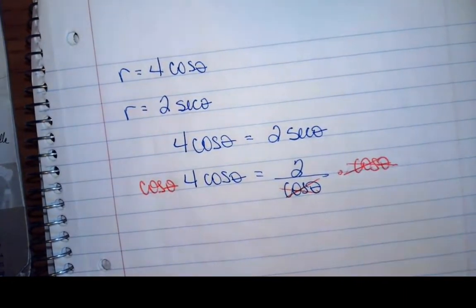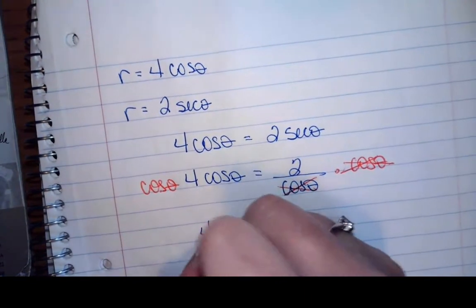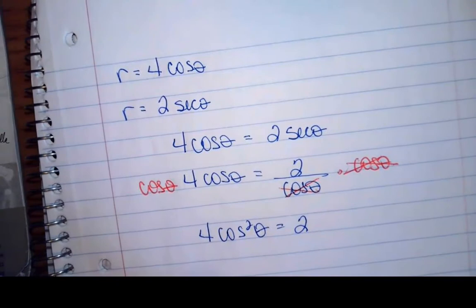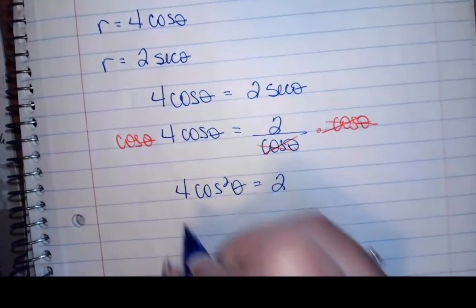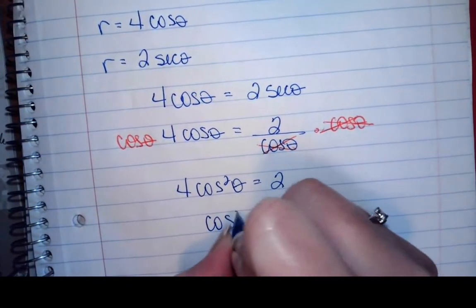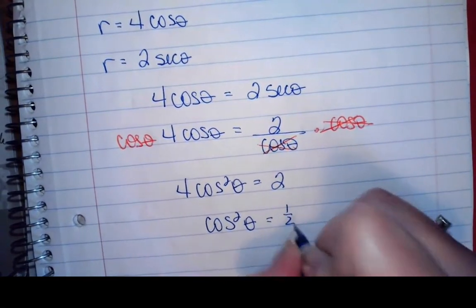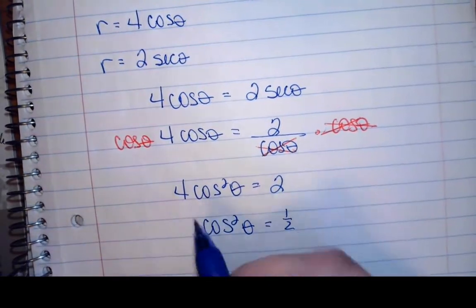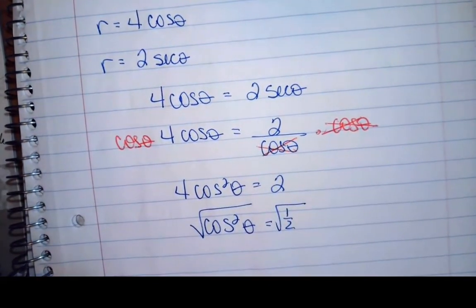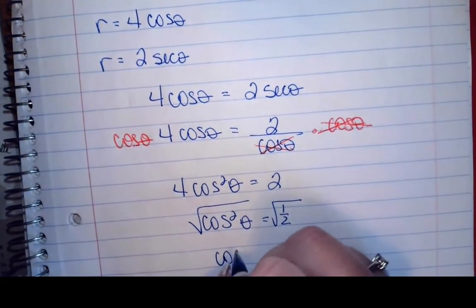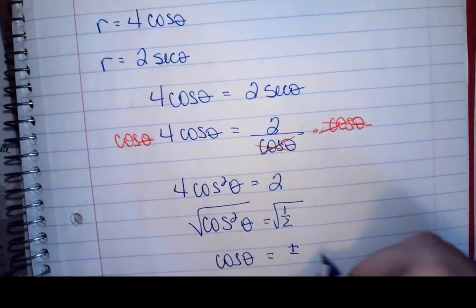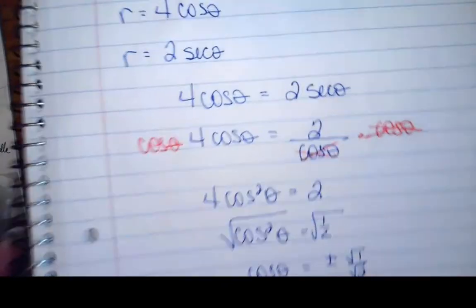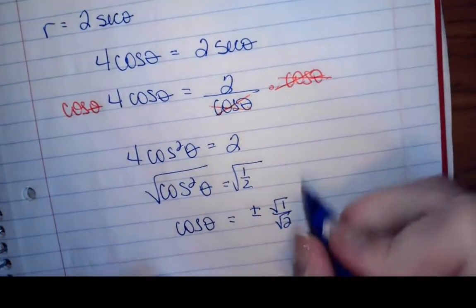It will reduce on the right, and on the left, I now have 4 cosine squared theta is 2. Divide both sides by 4. I get cosine squared theta is 1/2, because 2 over 4 reduces to 1/2. Then I'm going to take the square root of both sides. So cosine will equal plus or minus the square root of 1 over the square root of 2, which I'm then going to rationalize.